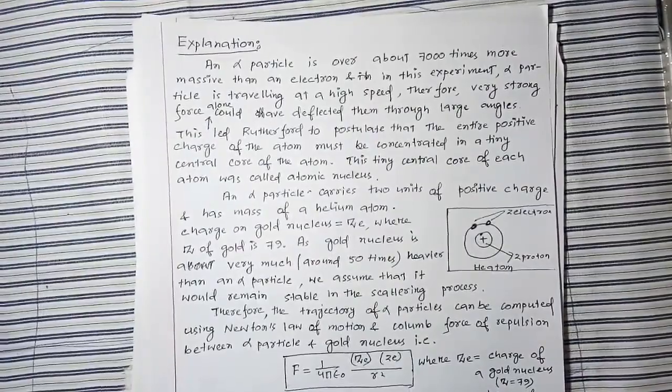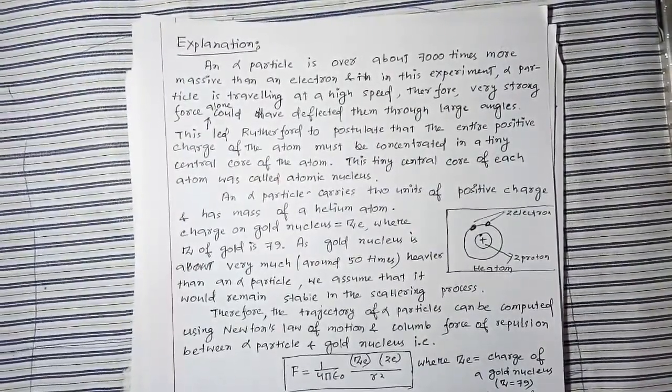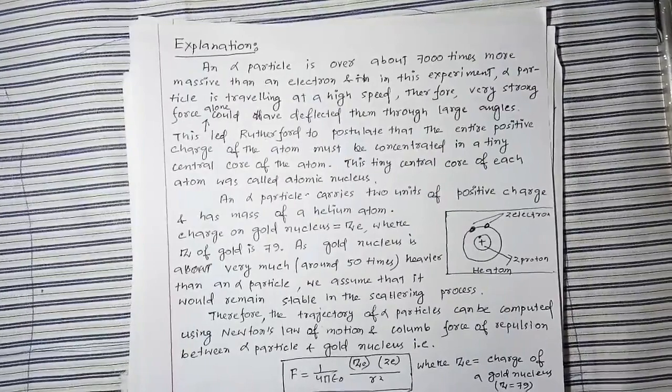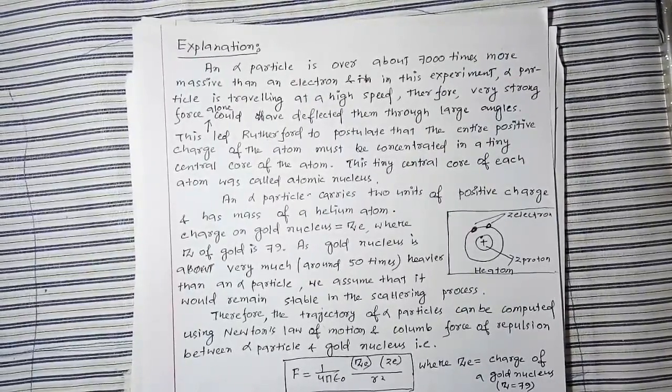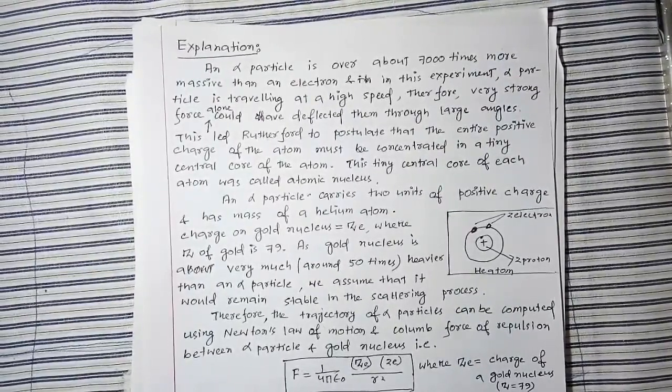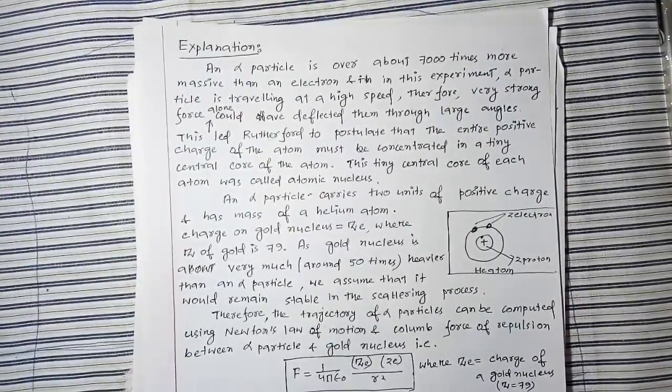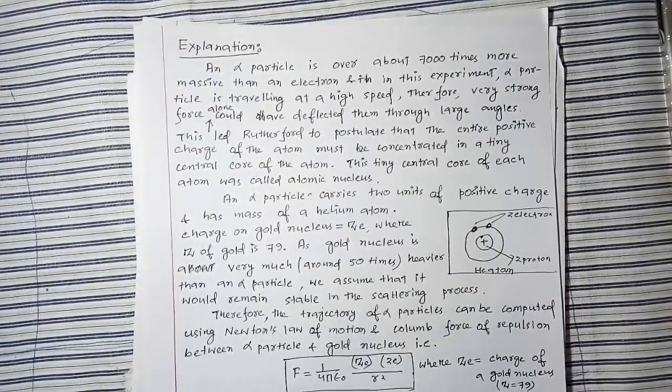Now what is the reason for this observation, right? That we have to know. The first thing is that the alpha particles are emitted from the radioactive source with a very high velocity, right? And the alpha particles are much heavier than an electron.